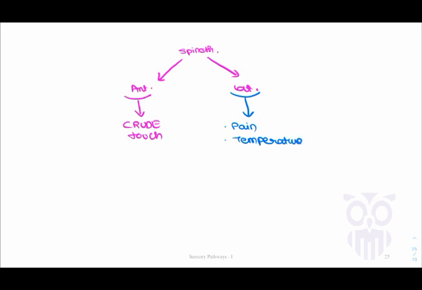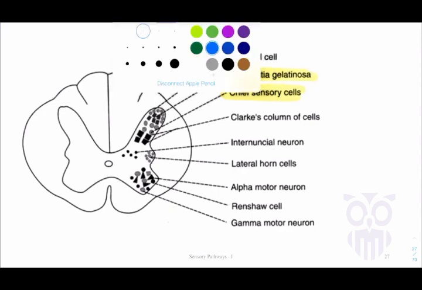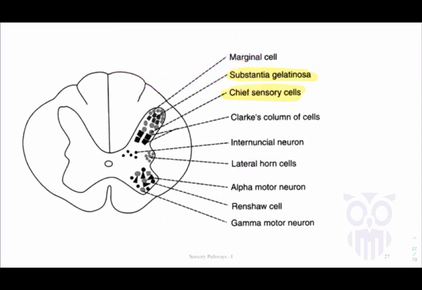One more thing you have to remember is this picture over here. Look at these things that I am marking. Remember, in the dorsal column pathway we saw that the second order neurons were only in the medulla, but for the spinothalamic tracts the second order neurons are right at the spinal cord itself, at the same level.